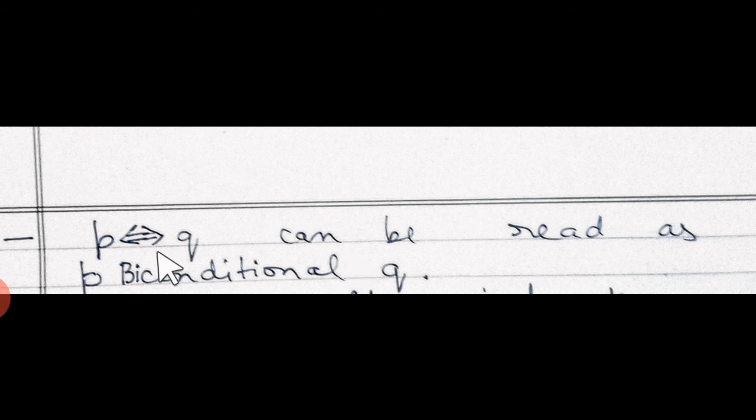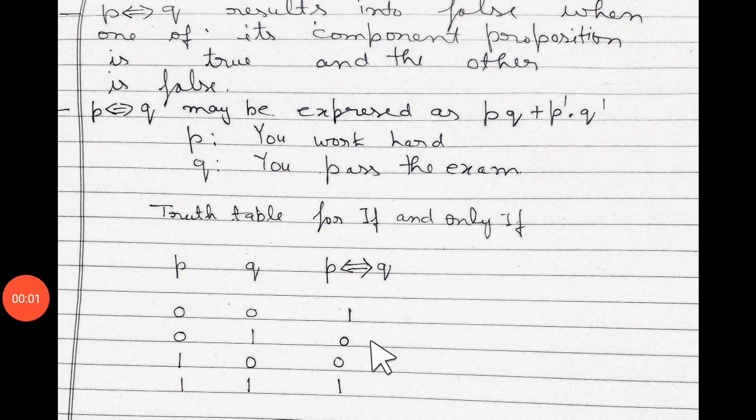This will be read as P biconditional Q. P biconditional Q results in false when one of its component propositions is true and the other is false.